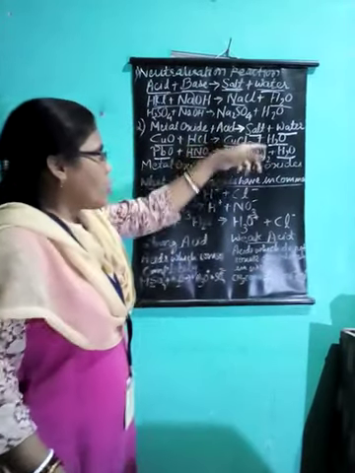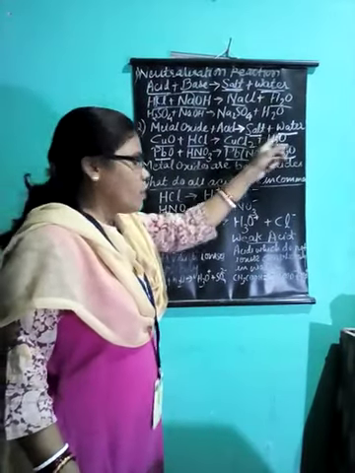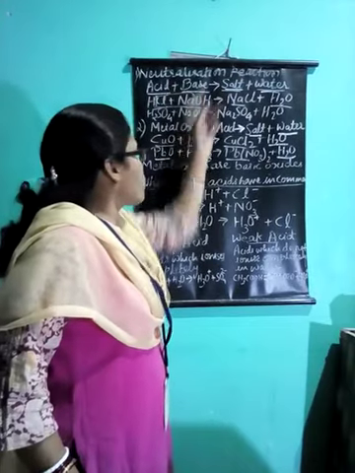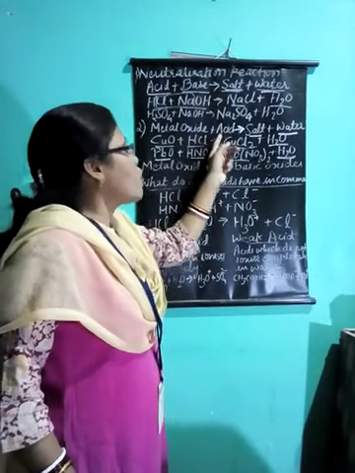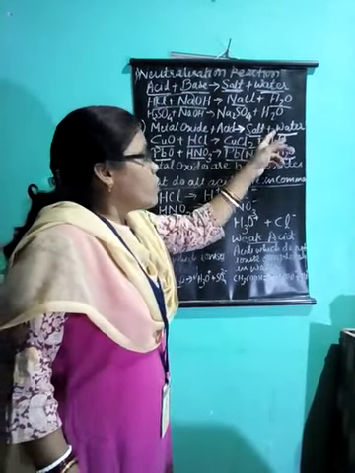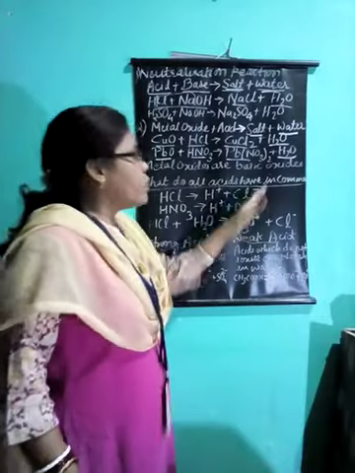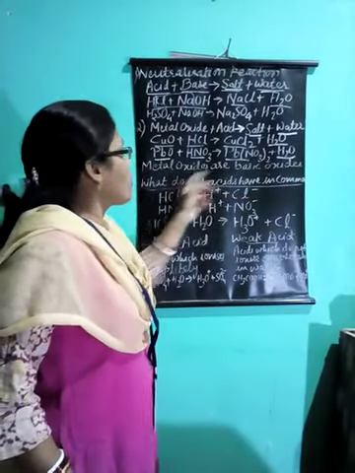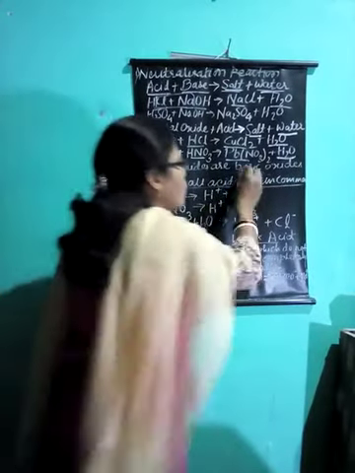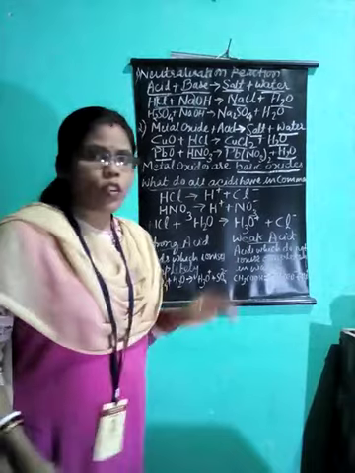See, in both these reactions, salt plus water is obtained, in case of the neutralization reaction as well as in case of metal oxide with acid. Hence, these metal oxides are called basic oxides. Why are they called basic oxides?